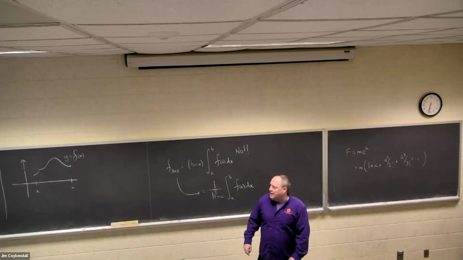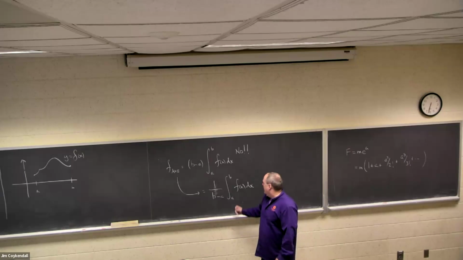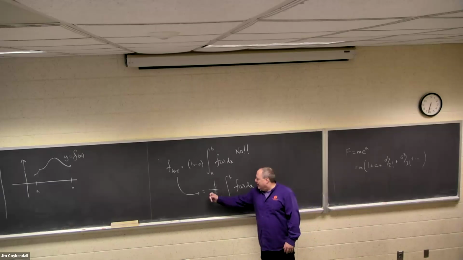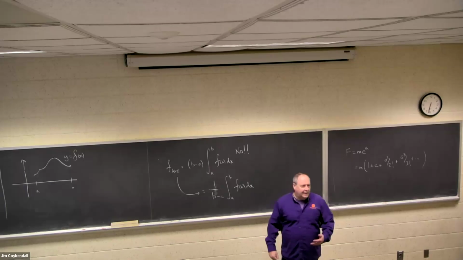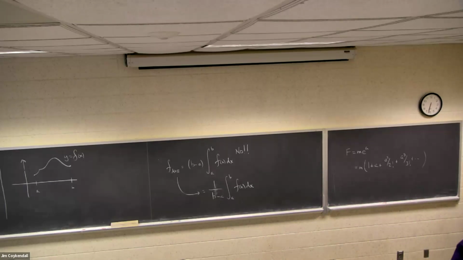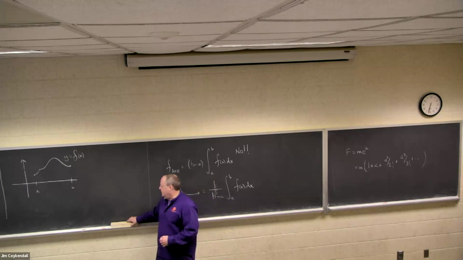Can't be, right? Because the average value of the function needs to be in inches. What do we have right here? We have square inches divided by inches. So at least I know this one is the better candidate because its units are correct. Everybody okay with it? You can do this. Let me give you an example here.